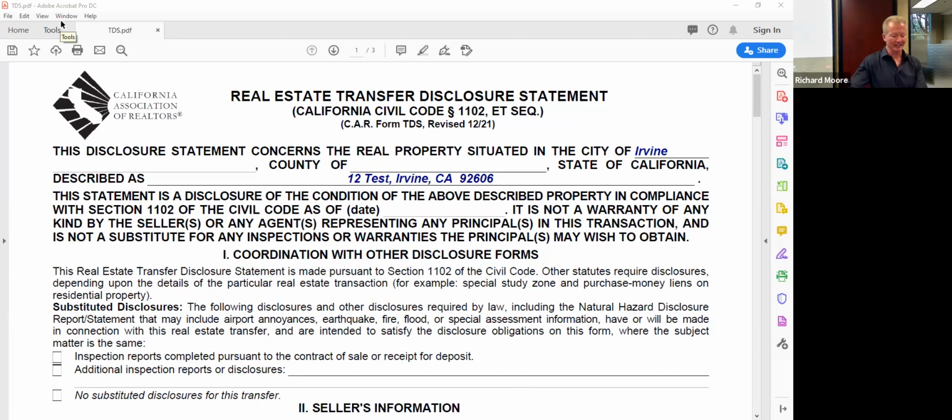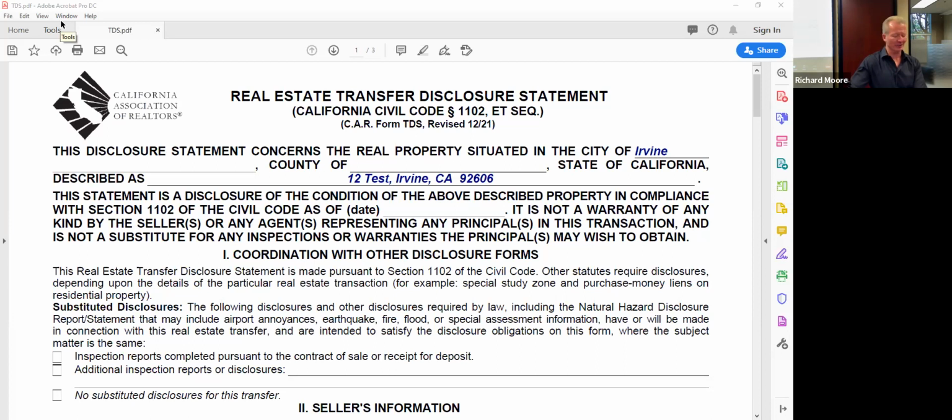What should either the listing agent or selling agent do if the seller refuses to complete the TDS? And what should you do if you realize that the seller has completed the TDS incorrectly? And then is it mandatory that a TDS be provided to a buyer, or can the buyer waive his or her right to receive the form?